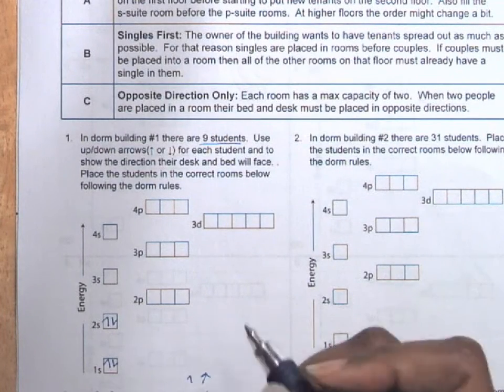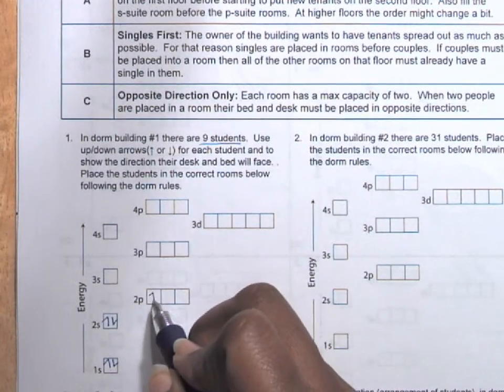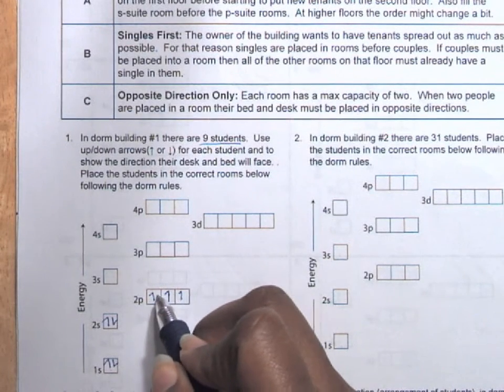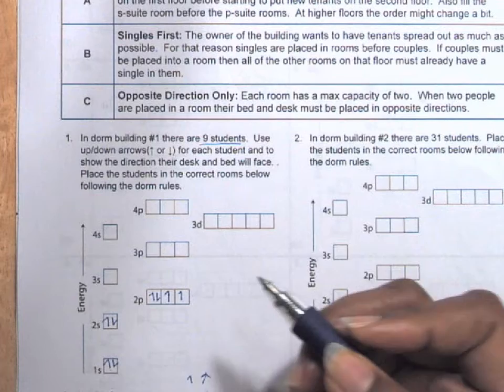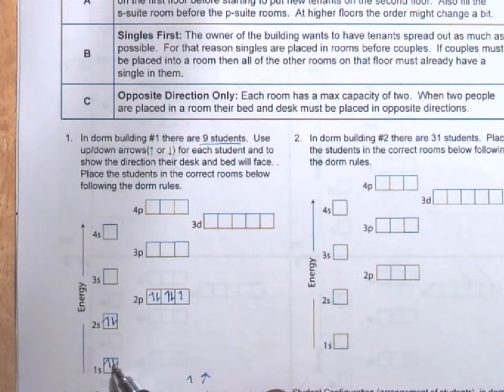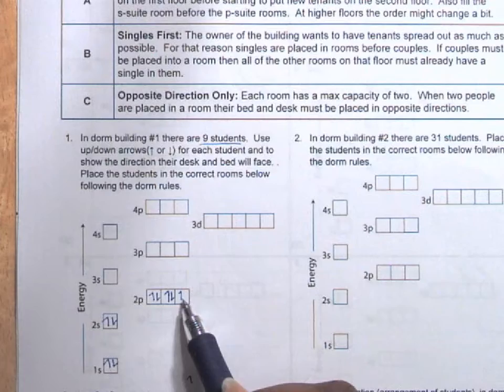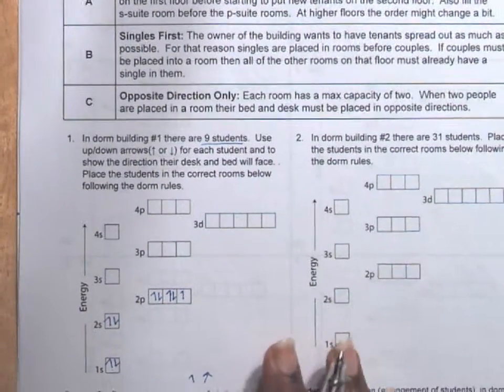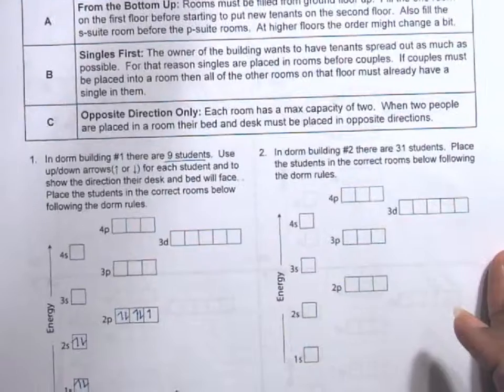I have 5 now. Remember, I put 1 in each one. 5, 6, 7, 8, 9. So let's just check that. 2, 4, 6, 8, 9. Perfect. These are my 9 students. Okay, now let's try it for the one with 31.